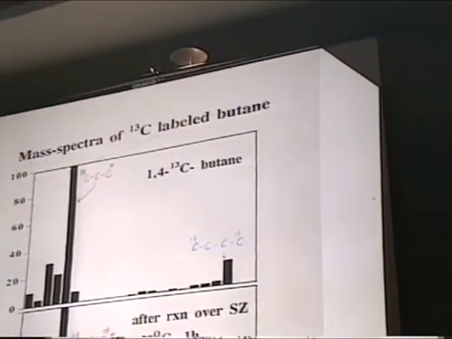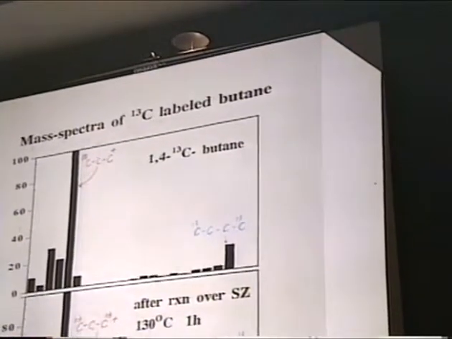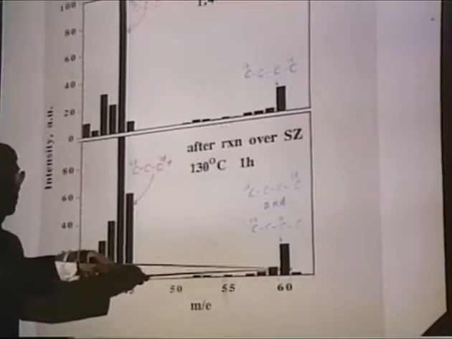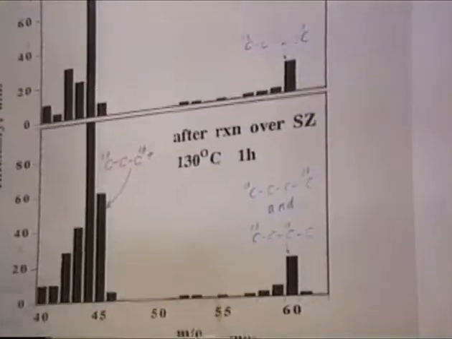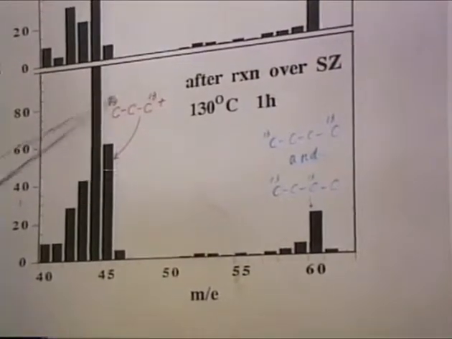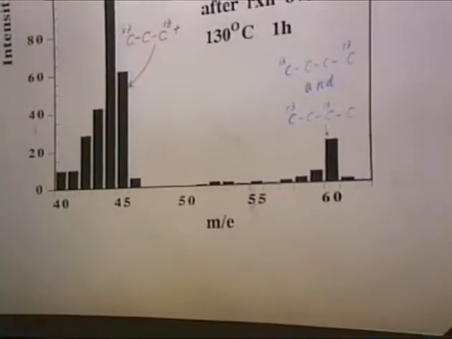And after the reaction for 1 hour, you can see for this particular sample, there isn't a lot of reaction product going on from here. But you can clearly see this fragment from the C3 molecule here already has 2 carbon-13 on this C3 fragment.